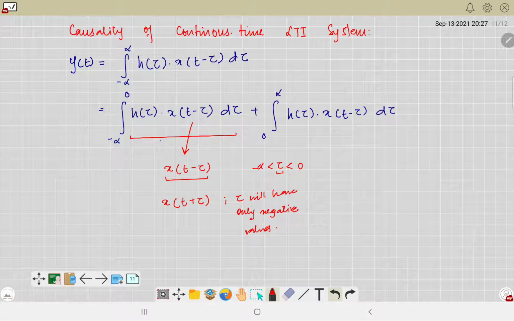So you will get values like x of t plus 1, t plus 2, t plus 3, which are basically future values of the input, because we are defining at the time t, so it is having values x of t plus something. So this means that these values of your input you'll be getting in the future.